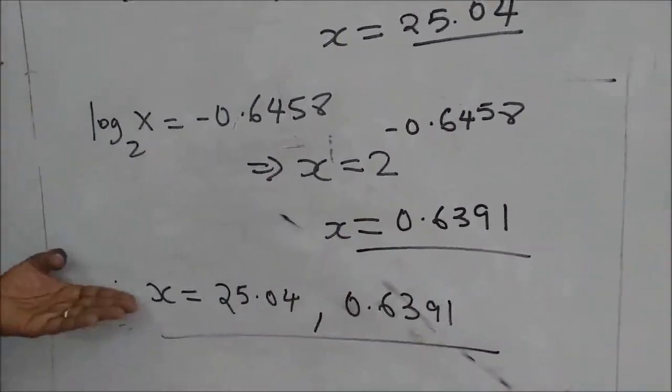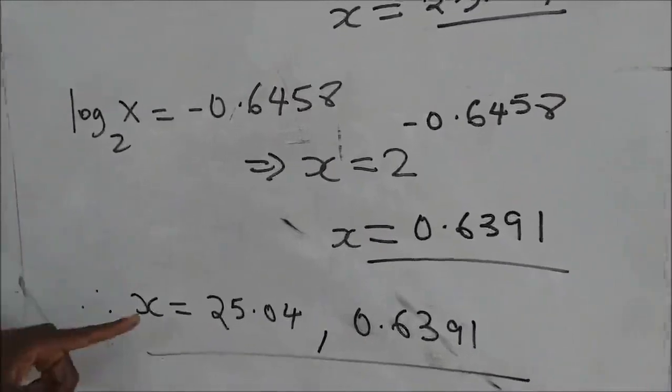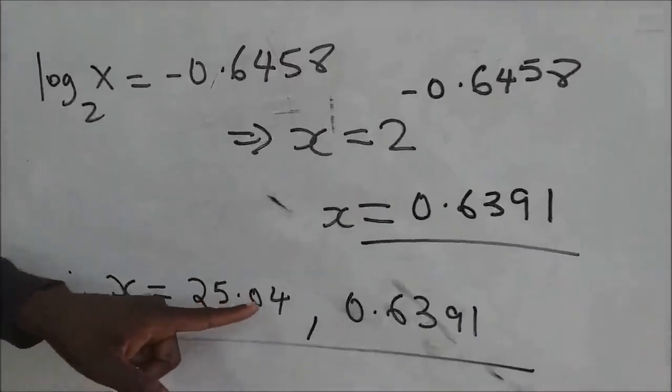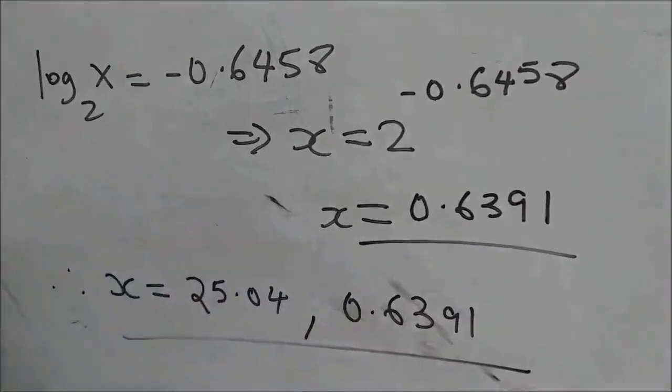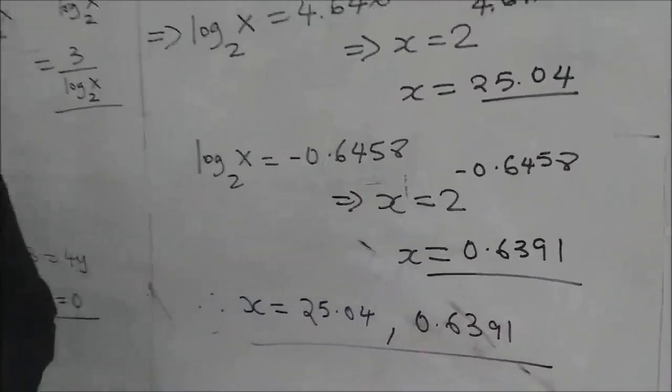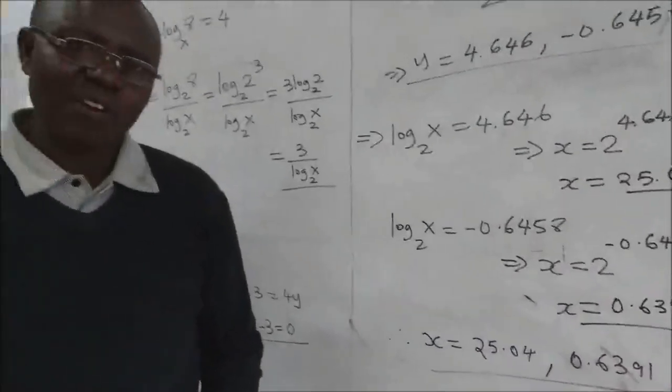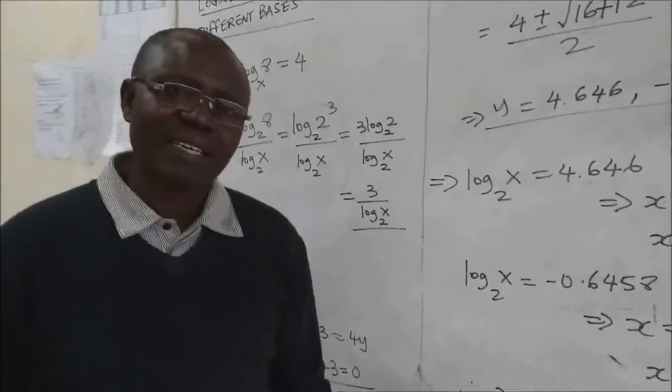And so our two values of x are 25.04 and 0.6391. I hope you got it right.